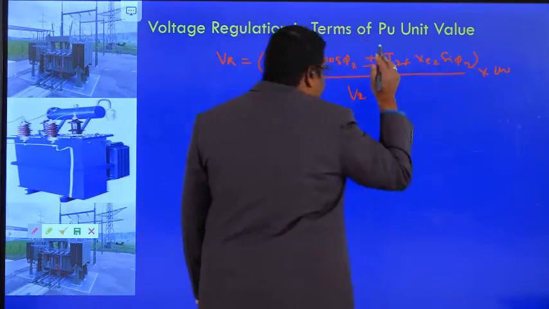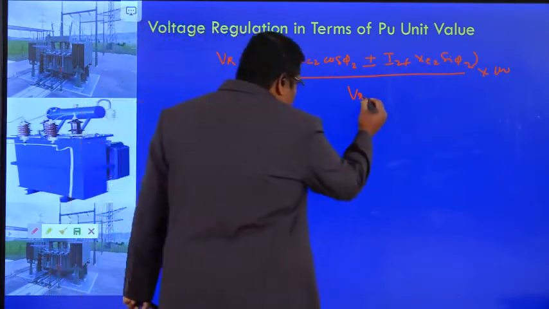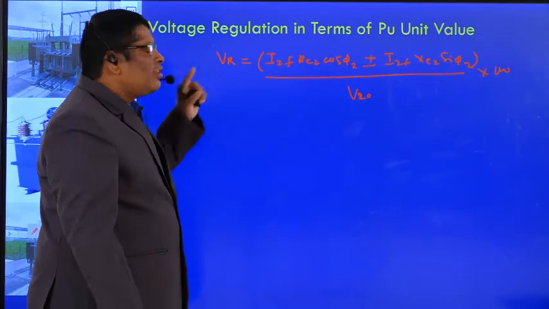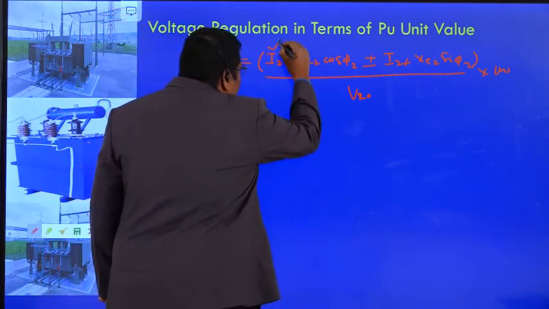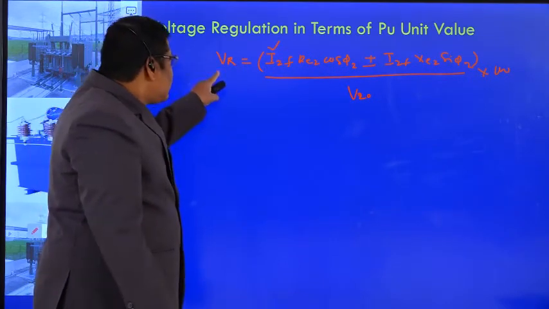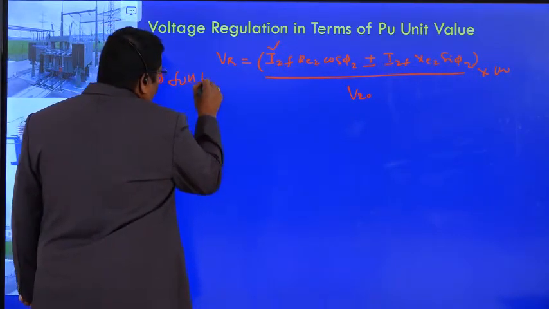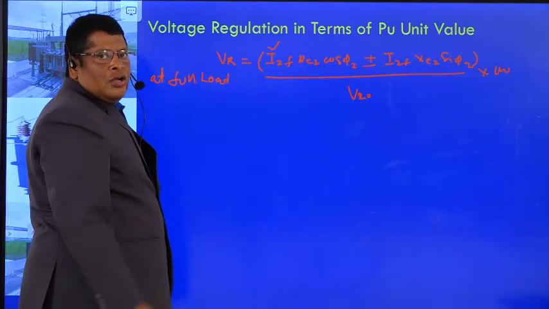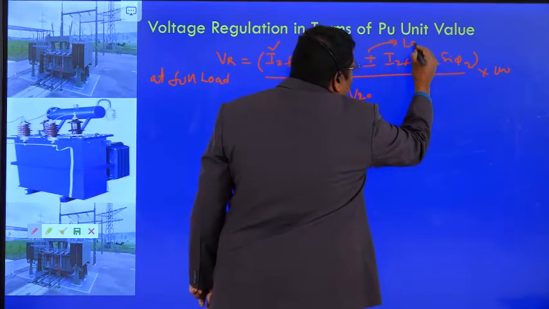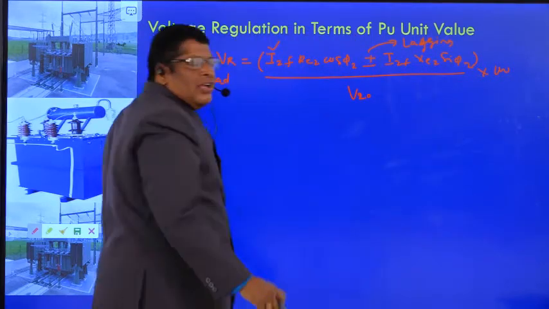Sometimes we represent it as E2 also, the no load voltage; V20 or E2, both are the same. Here, in this expression, I2F is the secondary full load current. This is the voltage regulation of a transformer at full load. The plus is used for the lagging power factor, whereas the minus is used for the leading power factor.